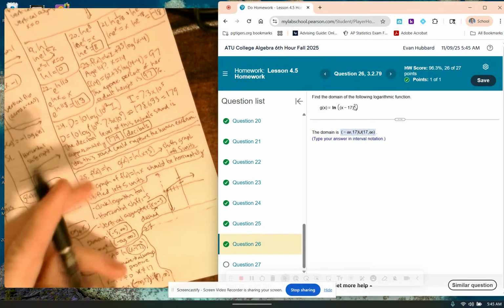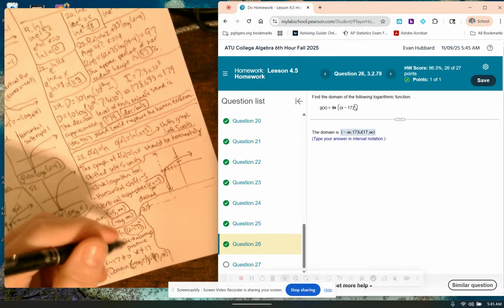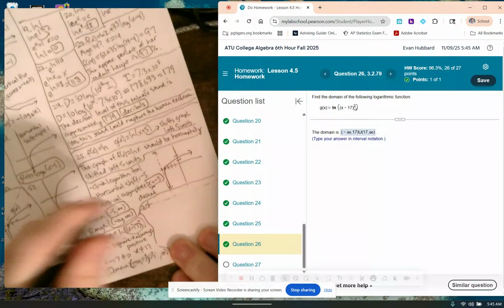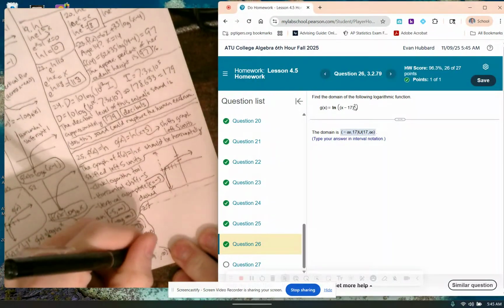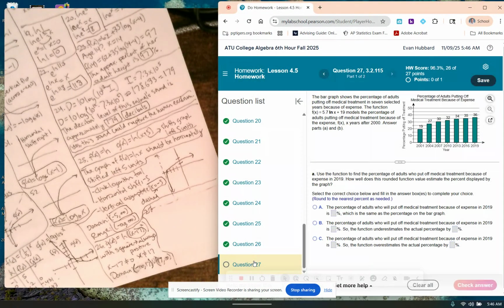It equals 0 when x minus 17 equals 0, so at 17 it can't be 0. So 17 is not included in the domain. It's everything excluding 17: from negative infinity to 17, union 17 to infinity.